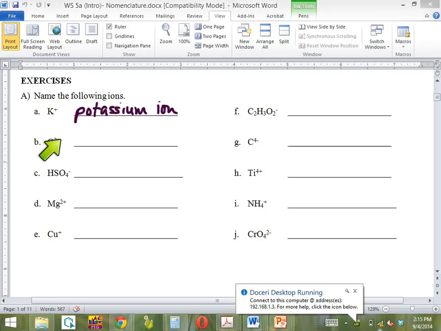So these nonmetals are going to change the ending of their name. So we change oxygen to oxide. So this is oxide ion. We don't need anything in the name to specify the charge because we can find the charge from the periodic table. So any questions about that part of the exercise?